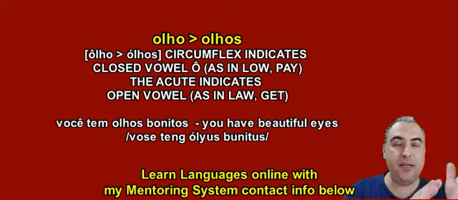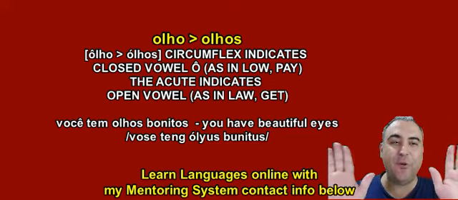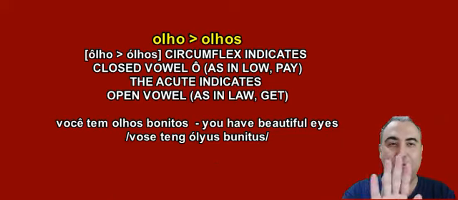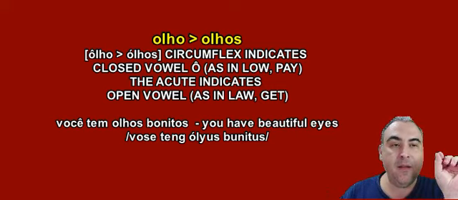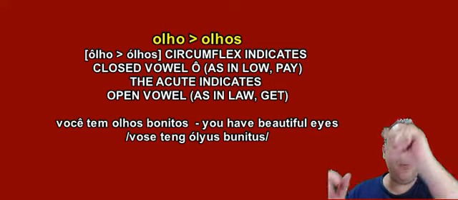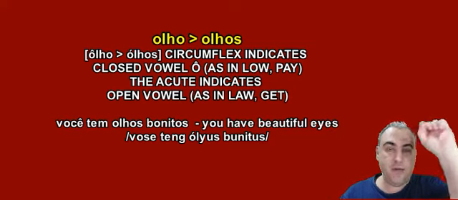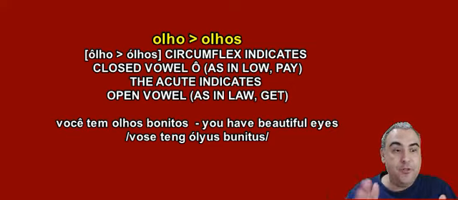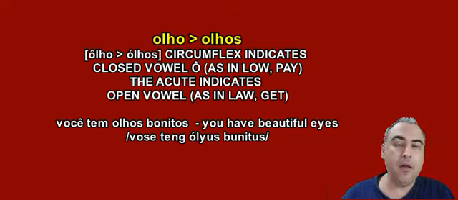There are a few other rules. I'm going to teach you that when it comes to spelling. Spelling is different from phonetics. We'll get there. So when a vowel has to receive one of those diacritics, one of those accent marks in the writing system, we have to pay attention to the openness or closedness of the vowel.